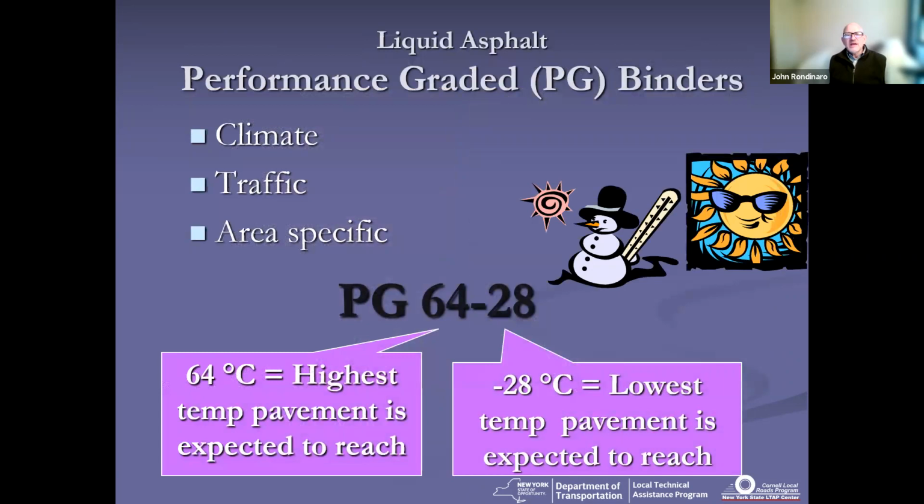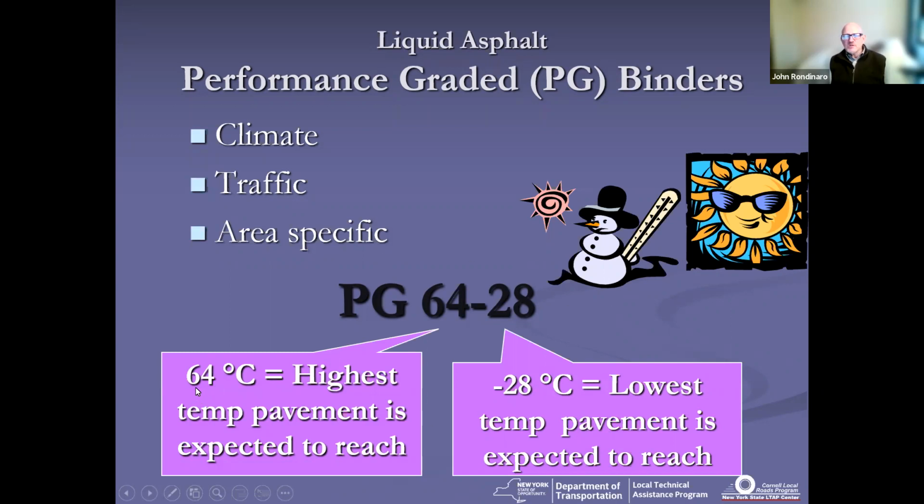In terms of your liquid asphalts, we use what is called the performance grading system for PG binders. This is also part of the Superpave system, again around since the late 90s. That grading system is based on a variety of climatic, traffic, and area-specific considerations. A typical binder under the PG grading system is a PG 64-28.